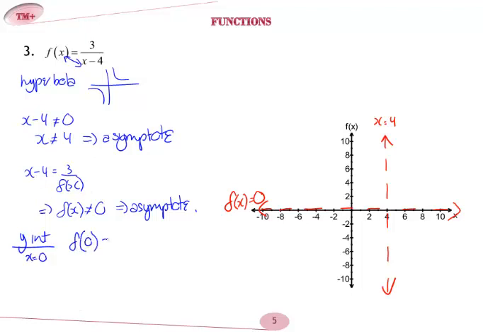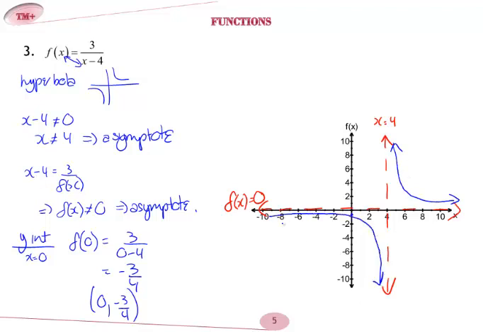So f(0) is 3 over 0 - 4, which is -3/4. So I put that on my graph: (0, -3/4) is going to be about there somewhere. Again, it's just a sketch. Make sure you don't touch the asymptotes, but it is just a sketch. I put that point (0, -3/4) and I label it.